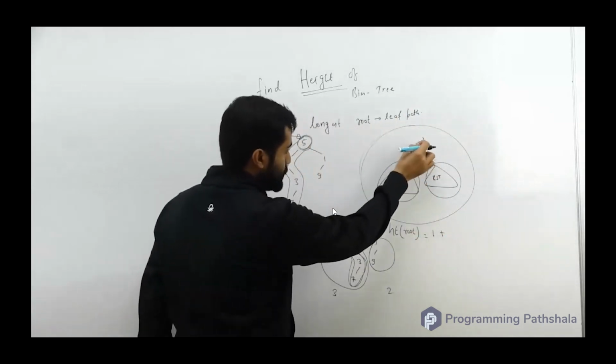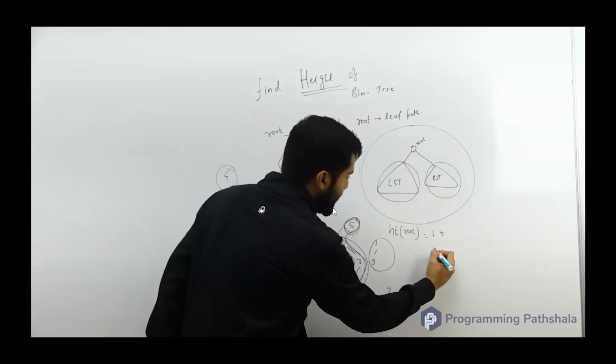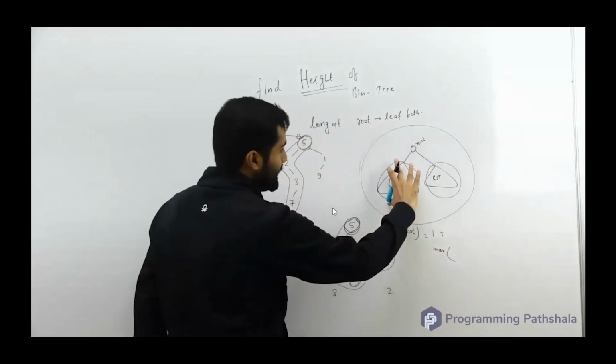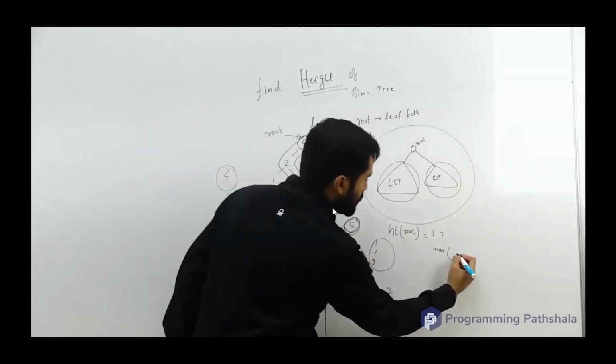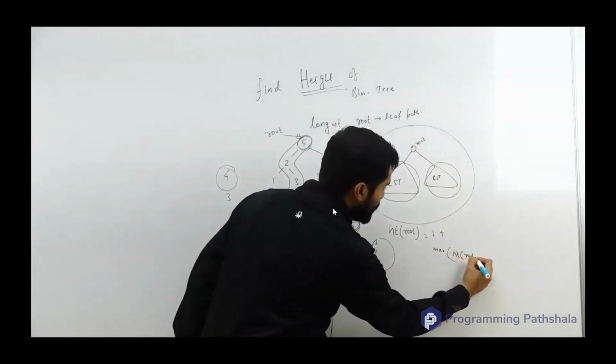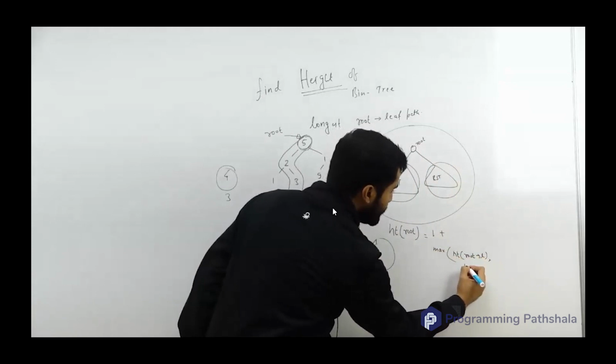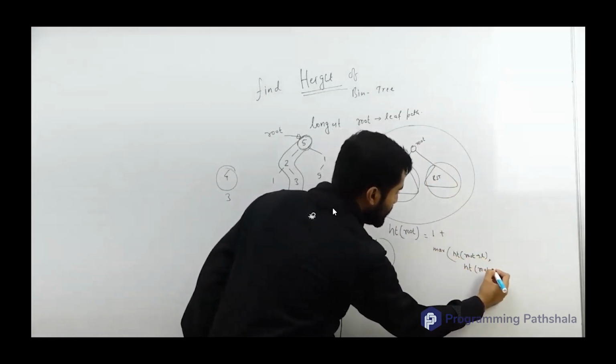That is for the contribution of the root. 1 plus maximum of the height of left, comma, height of right. Correct? So height of root left, comma, height of root right.